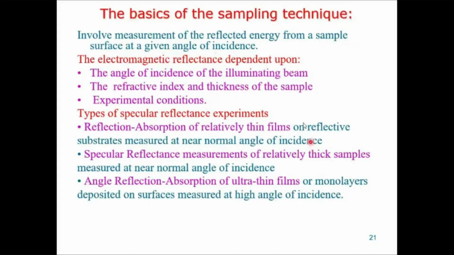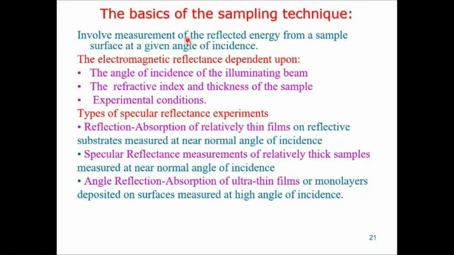In case of reflection, there is some basis of the sampling techniques. This involves measurement of the reflected energy from the sample surface at a given angle of incidence. Please remember that molecules exhibiting this phenomenon will be relatively smaller in number as compared to transmittance.